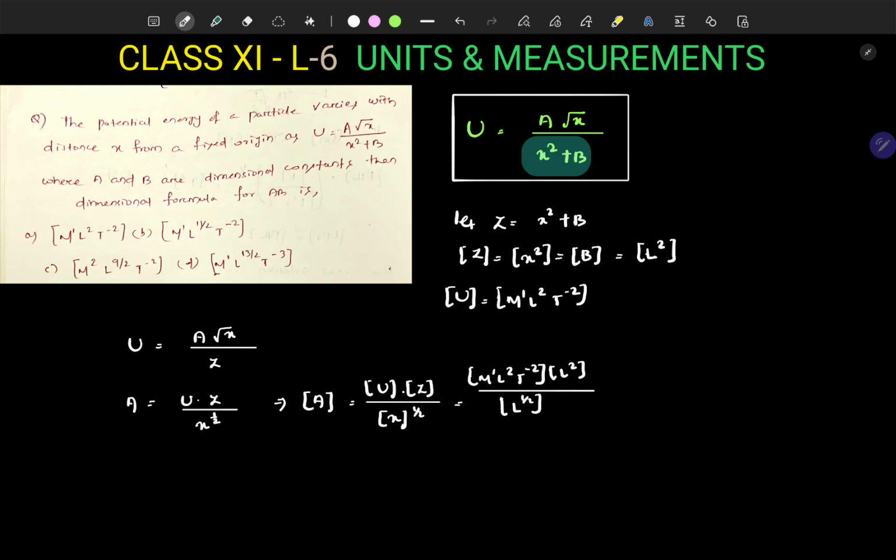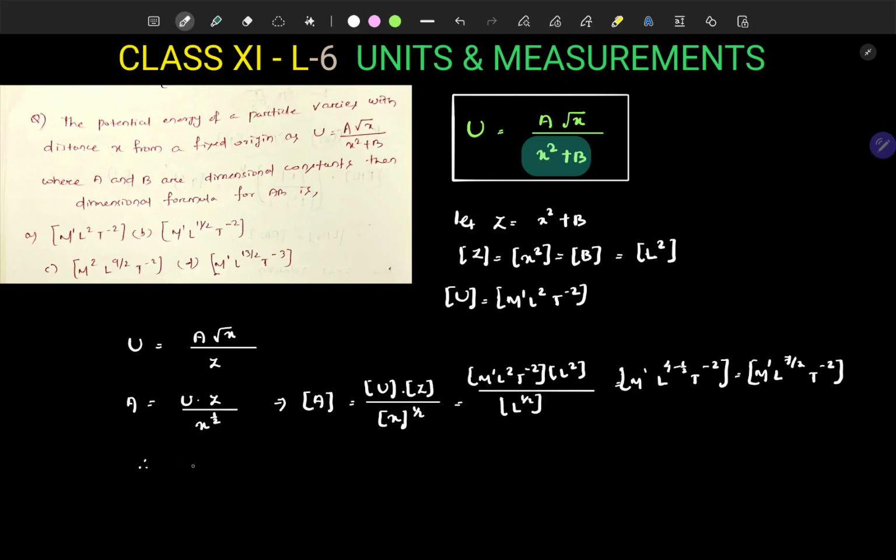After solving we will get M power 1, L power, here it is L2 in numerator, that is L4, then in denominator L power 1 by 2, that means it will be 4 minus 1 by 2, then T to the power minus 2. So the final answer for the dimension of A is M power 1 L power 7 by 2 T power minus 2.